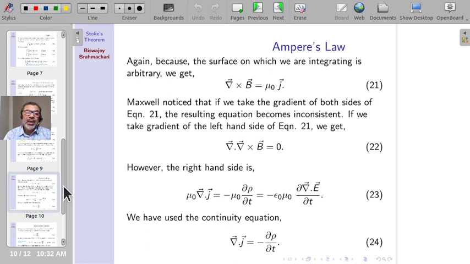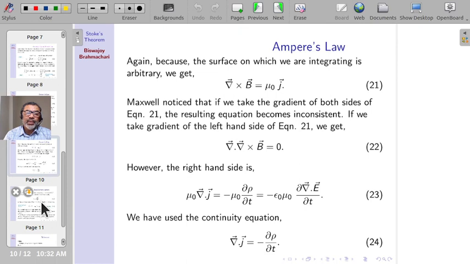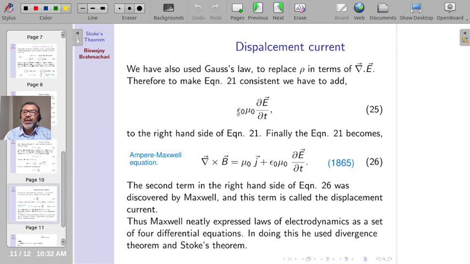And Maxwell did that. What Maxwell did, he added μ0 ε0 ∂E/∂t on the right hand side. If you take the divergence of both sides, then the left hand side is 0 because of the divergence of curl of B, and on the right hand side here you have a divergence of J, and here you have a divergence of E. So these two terms will get cancelled to give you 0 identically.